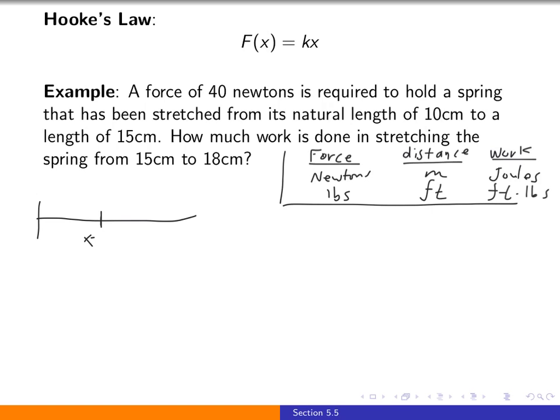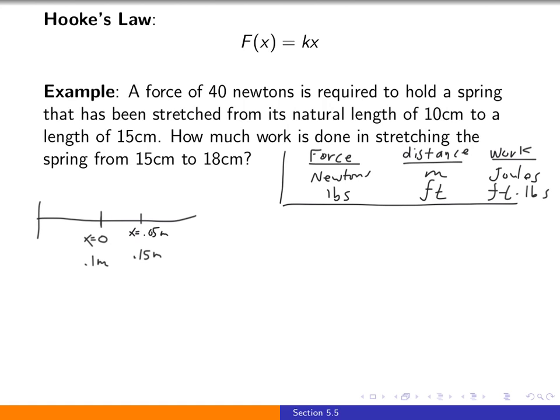So x equals 0 is 10 centimeters, and 10 centimeters is 0.1 meters. And then we're stretching this out to 15 centimeters, so that's going to be 0.15 meters. To go from 0.1 to 0.15, this is going to be x equals 0.05 meters.